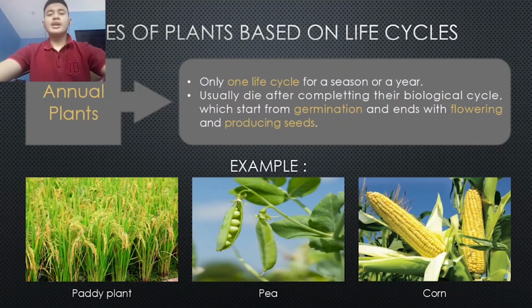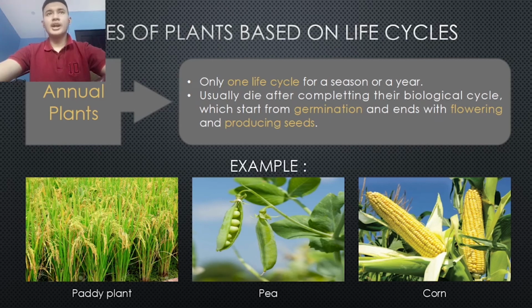There are three types of plants based on life cycles, which are annual plants, biennial plants, and perennial plants. The first type of plant is annual plants. These plants only have one life cycle for a season or a year.